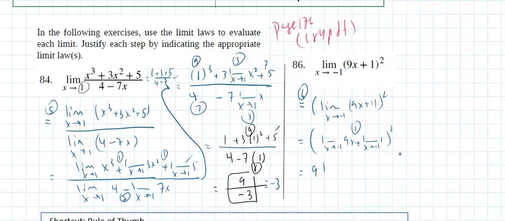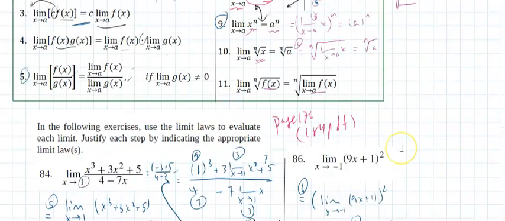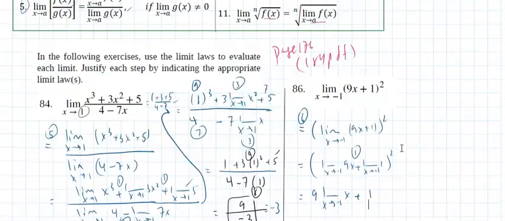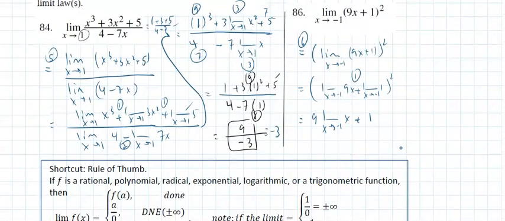And that's going to be 9 times the limit as x approaches negative 1 of x, plus 1. What allows us to do that is the constant multiple property, and the limit of the constant is the constant.